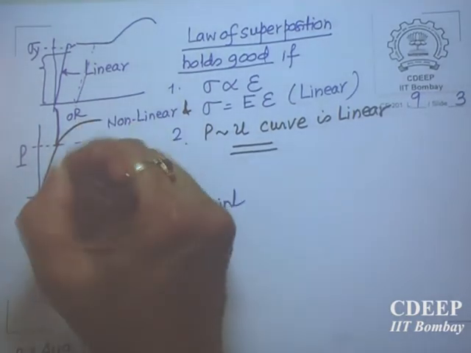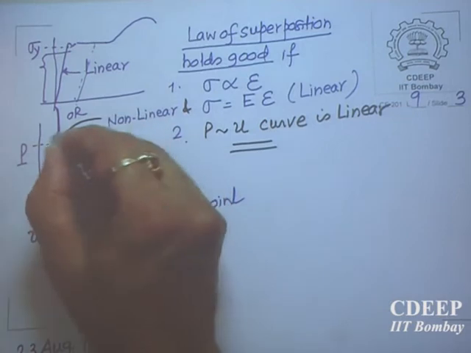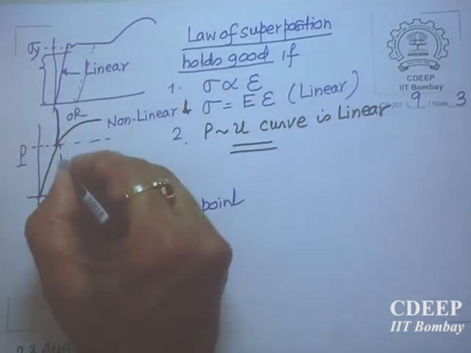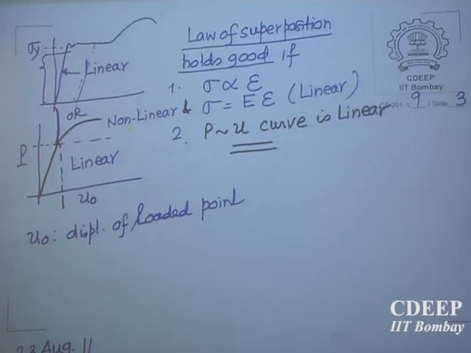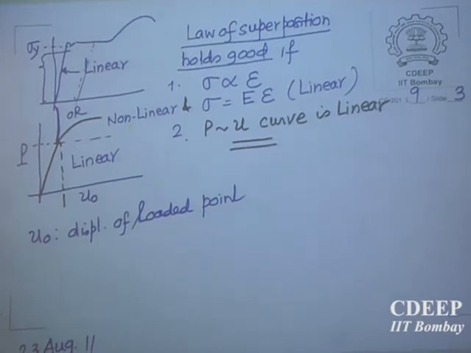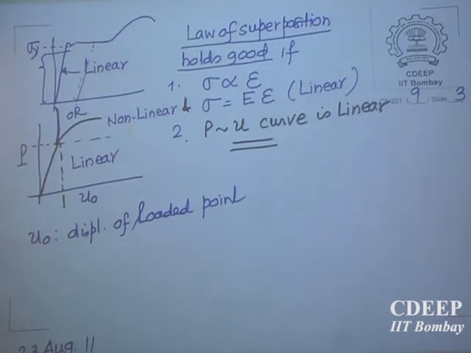Now what happens after P goes into the non-linear, then displacement is this much. Normally displacement is a fraction of the dimension, meaning the cross-sectional dimension of the member. Displacement will be very small. This PL by AE will be a fraction of the diameter or radius of the cross-section, maybe 1/10, 1/100, 1/5, some fraction.